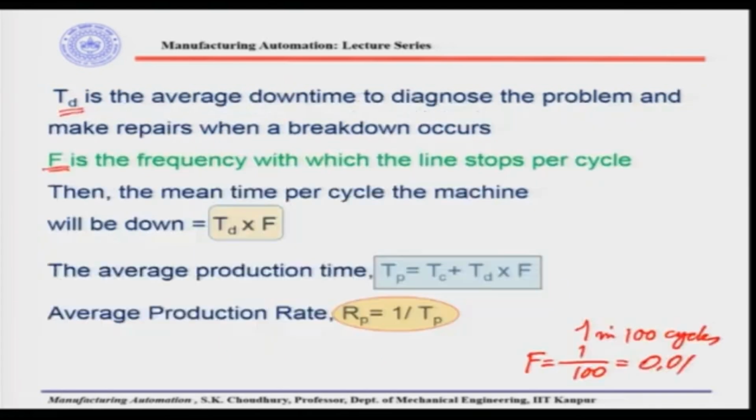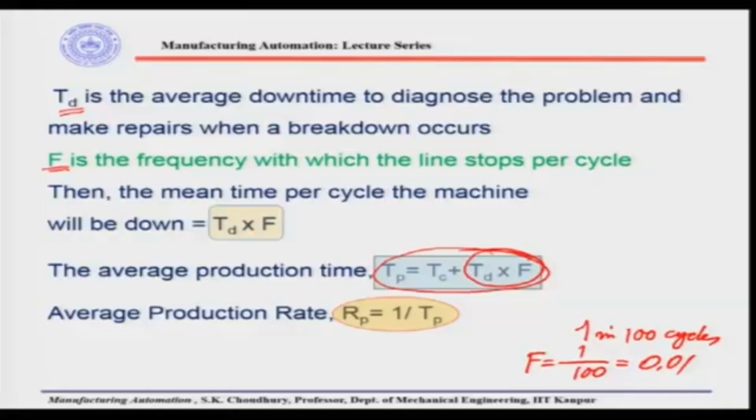So, we can write that Tp is equal to Tc plus f into Td, and this is the factor which counts the line breakdown because of various reasons. If the machine stops, or the tool is broken, or something else, this takes, let us say, Td time, and the frequency is f. So, f into Td is the time, and therefore the actual or average production time will be more than the ideal cycle time by this Td into f.